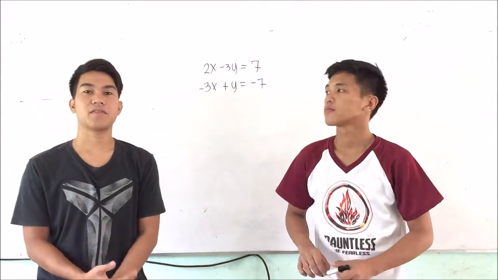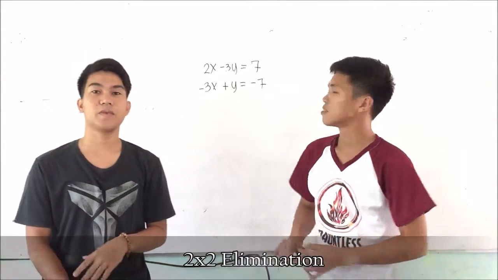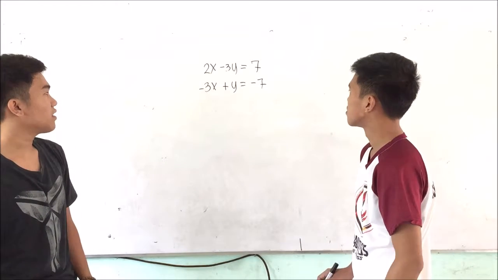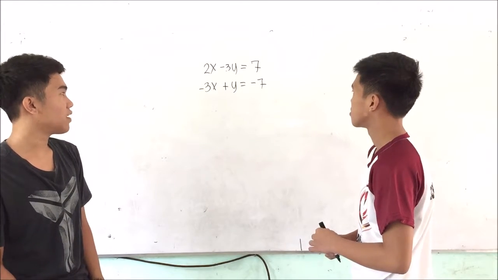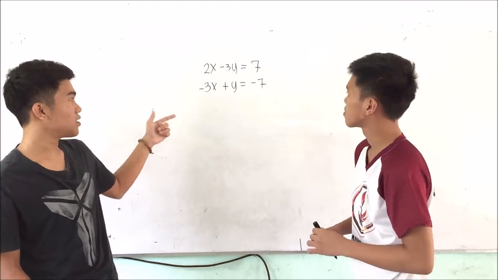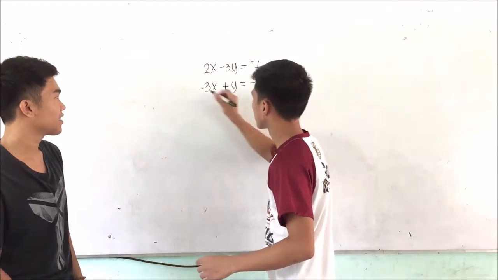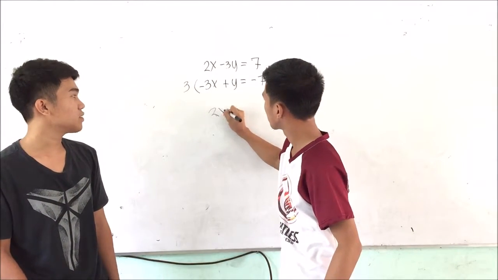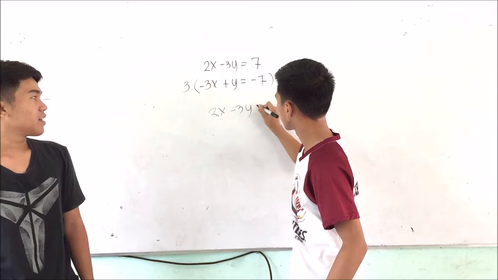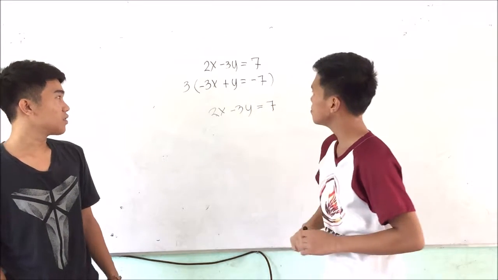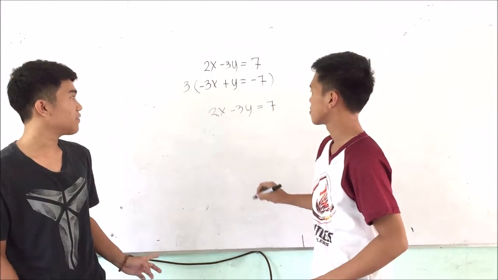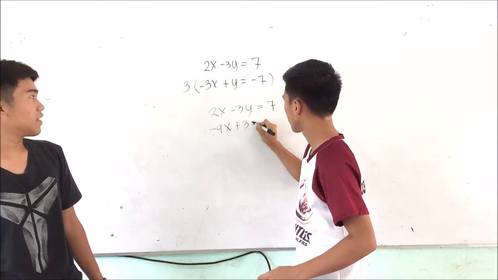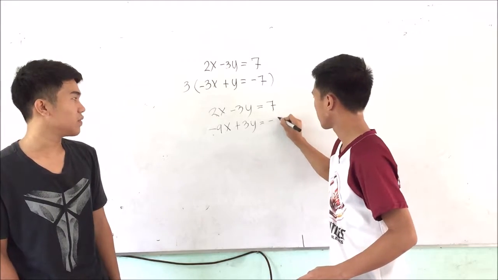Now, we will use another method, which is the 2 by 2 elimination. We have 2x minus 3y equals 7, and negative 3x plus y equals negative 7. We will multiply the second equation by 3 and bring down 2x minus 3y equals 7. So 3 times negative 3x is negative 9x, 3 times y is positive 3y, and 3 times negative 7 is negative 21.